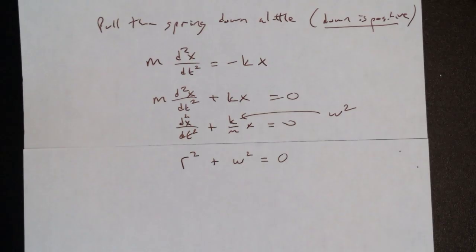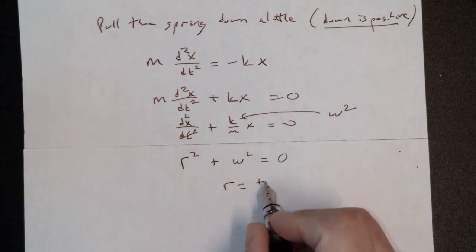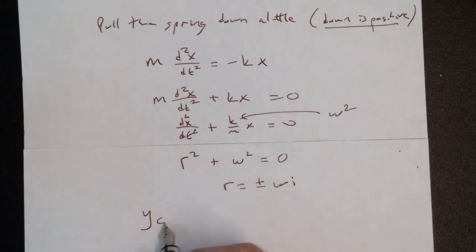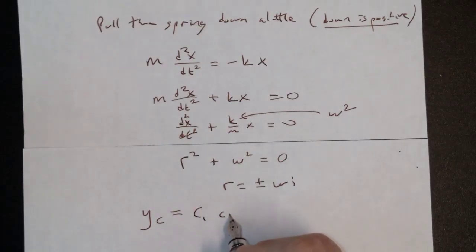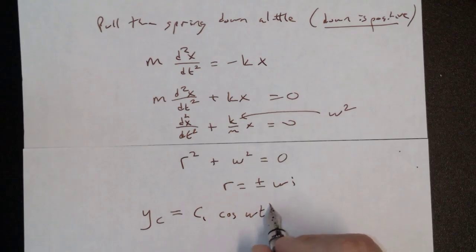Which means this should be going on your formula sheet. I have complex numbers. The w would be like plus. The w goes in with the cosine, inside the cosine.